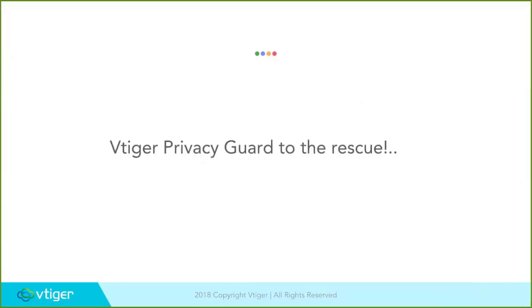Let's talk about how we can solve all the issues. Suppose someone wants to comply with GDPR. So here is Vtiger Privacy Guard to the rescue. Vtiger Privacy Guard enables the consent process in a clean and efficient way, handling customers' consent with their data privacy. Vtiger Privacy Guard has a feature that allows you to encrypt sensitive data about a person whenever possible.